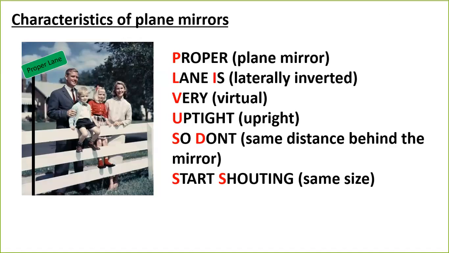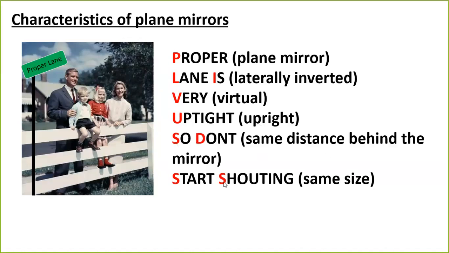what does it mean? So of course the P is for plane mirrors. Lane is L-I for laterally inverted. V, very, for virtual. U, uptight for upright. So don't, same distance, okay?